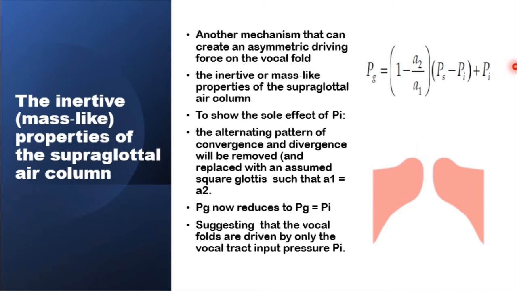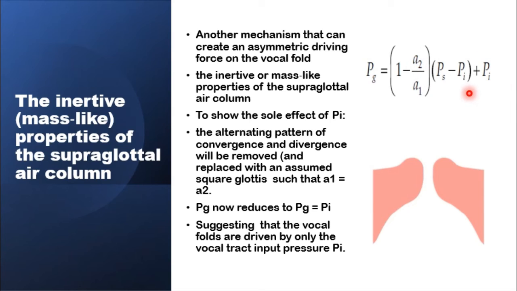As you can see from the previous equation, this is basically the second entity, the pressure in the supraglottal vocal tract. The equation shows that the intraglottal pressure is dependent on two entities, and for now let's try to ignore the first entity that we went through with the second mechanism of the convergence and the divergence of the vocal fold canal, and concentrate on the second entity.